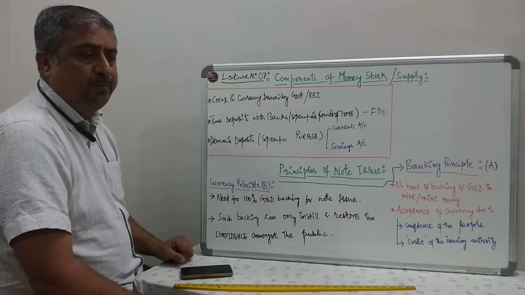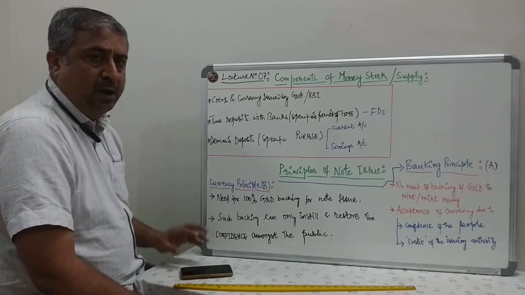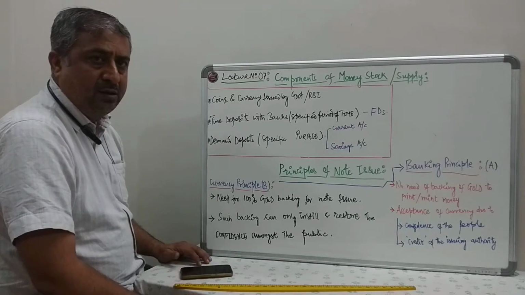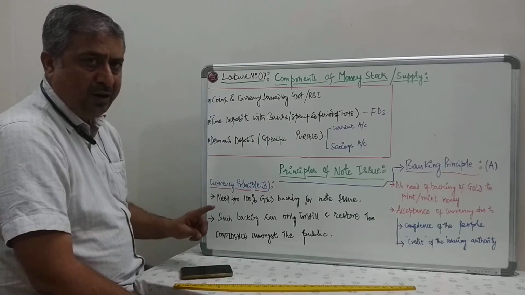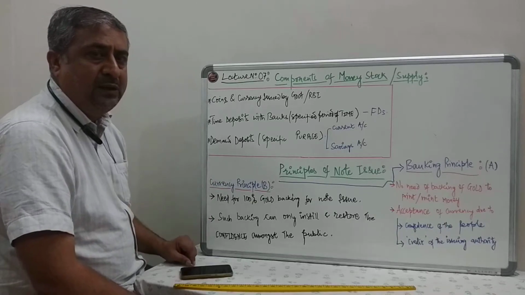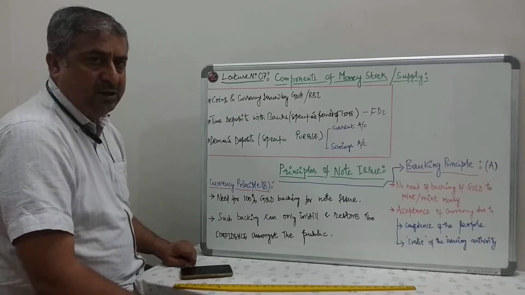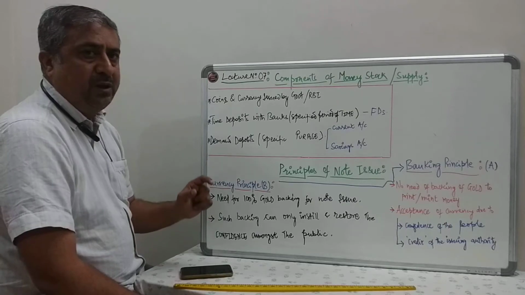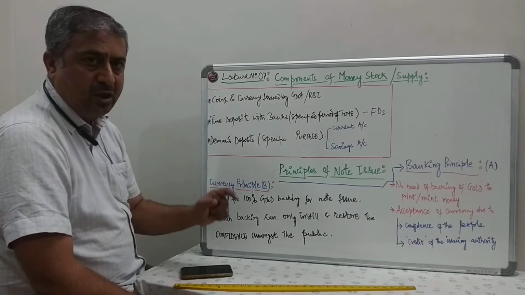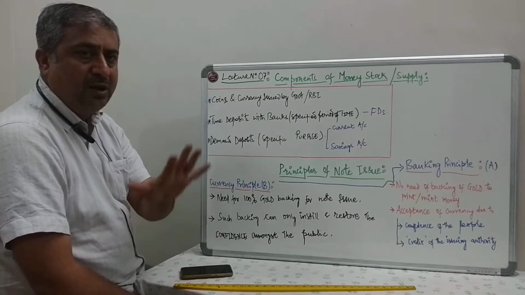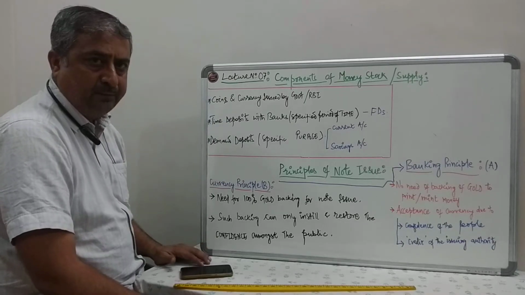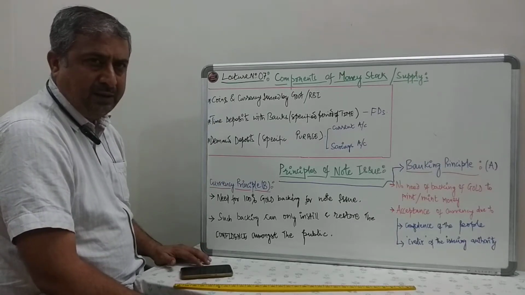Because we deposit money with the bank primarily, number 1, to earn interest, that is, to keep the value of money the same over a period of time. That is the reason why we deposit money in the banks.